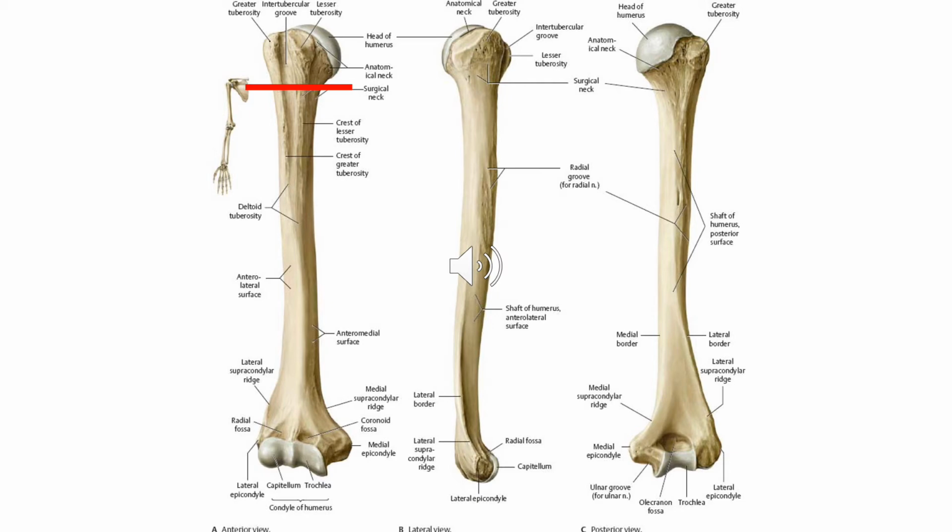The articular cartilage that covers the head of the humerus forms the ball and socket joint of the shoulder with the glenoid process of the scapula. Now I'm going to tell you a little about the clinical significance of the humerus.